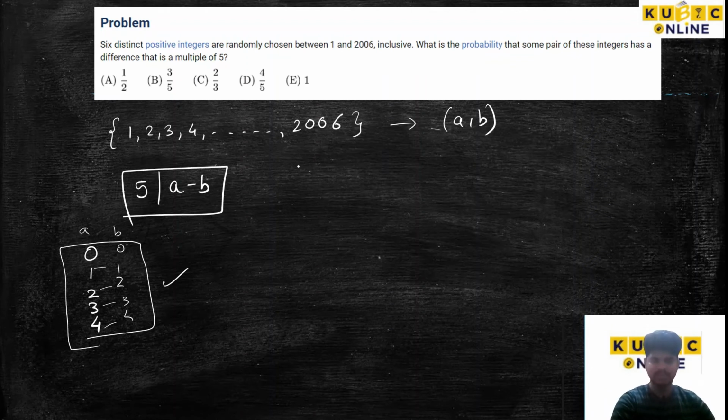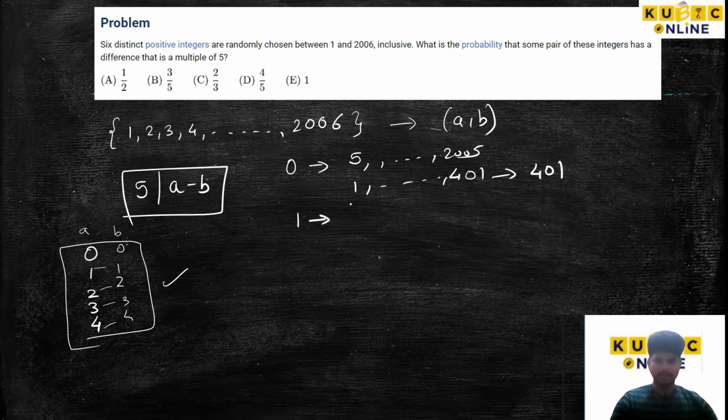So first thing is 0. For 0 mod 5 we have numbers from 5 to 2005, so 1 to 401. So these are 401 numbers. Okay. Now for 1 it will be what? 6 to 2006.